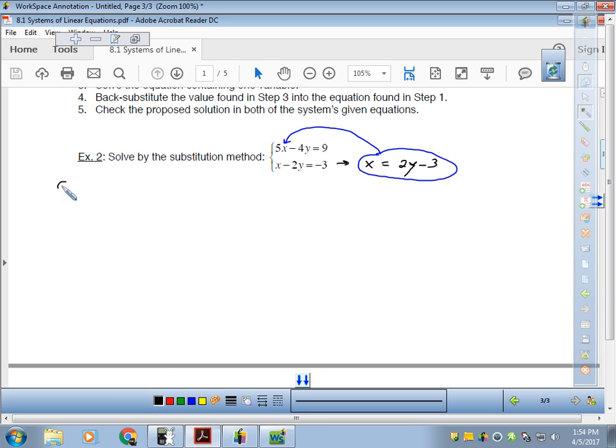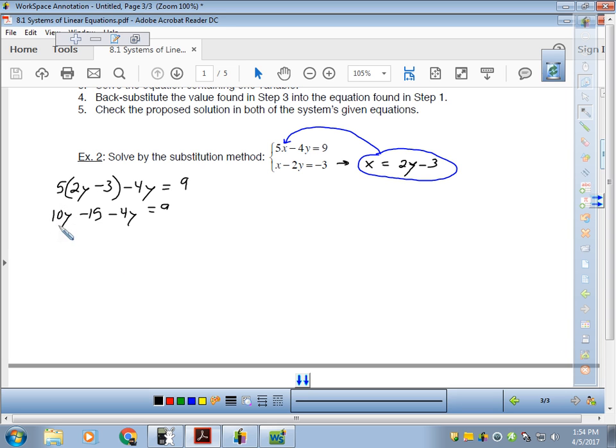So I'll have 5, and then instead of this x, I'm going to write 2y minus 3, minus 4y equals 9. Distribute the 5 into the parentheses. 5 times 2y is 10y. 5 times negative 3 is negative 15. Minus 4y equals 9.